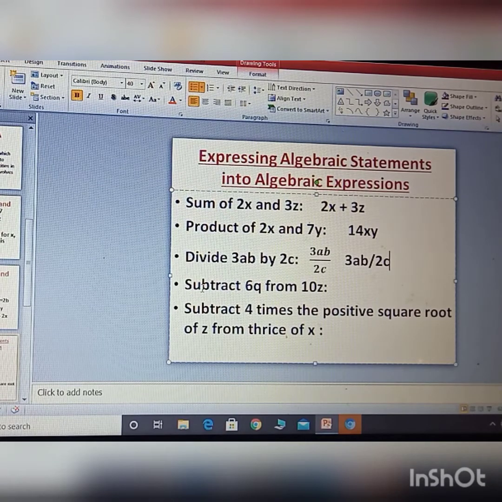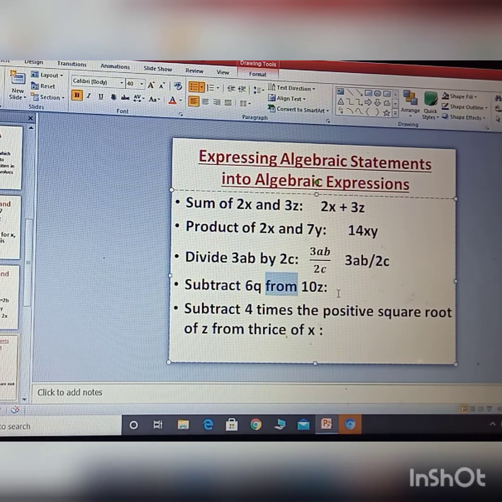In algebraic statements of subtraction, subtract is the key term here, and if a subtraction statement is there, then you are to look for the term from. This word from is very important. Why? Because whatever is written after from, that is to be written first in the statement.